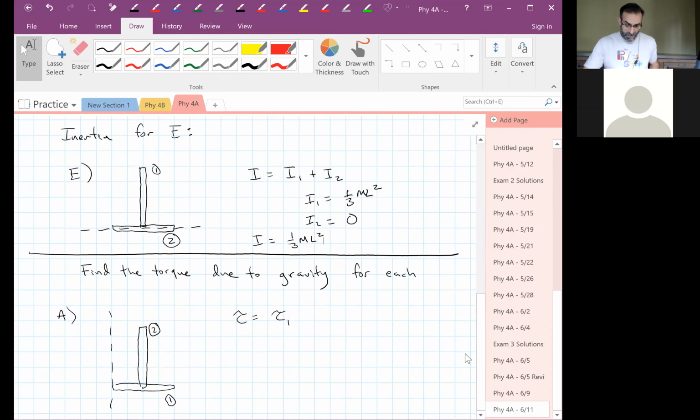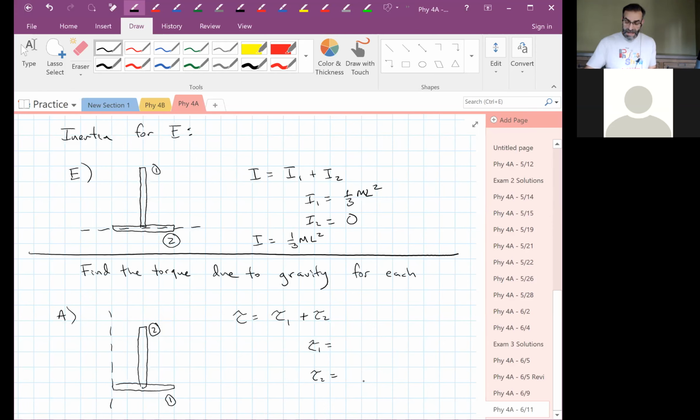Now we'll find the torque due to gravity for each one. Torque from gravity. What do we care about?